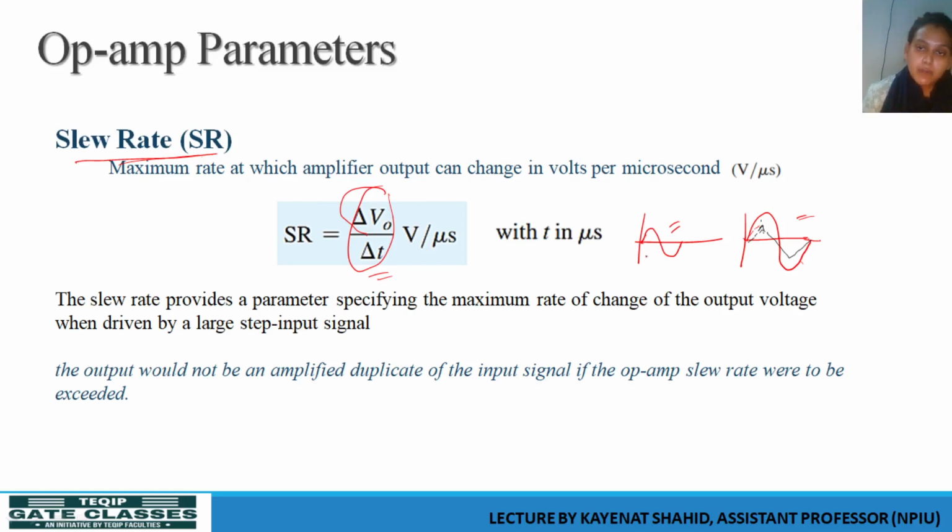So it provides the parameter of how the output is changing with respect to the change in input also. It is very important to know the slew rate, otherwise the output of our amplifier would not be following the input voltage.